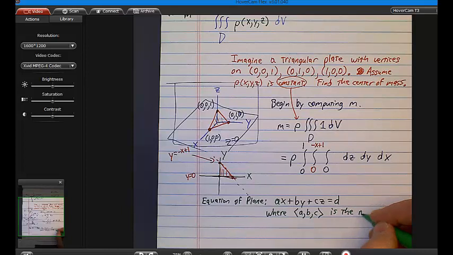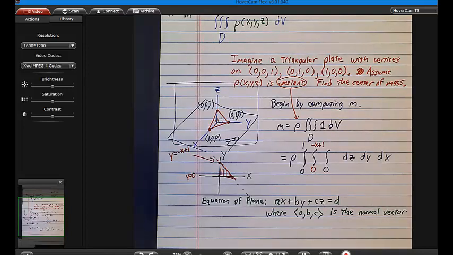The normal vector, that's right. So when we look at this plane, do you guys know what the normal vector is? I agree, 1, 1, 1.